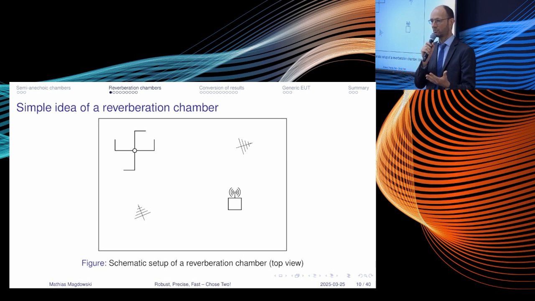And by changing the reflection of the waves, we also change the standing wave pattern, and we move this field around. And on average, we get some homogeneous and isotropic field on a statistical basis. So the field strength does not depend on position, does not depend on direction.